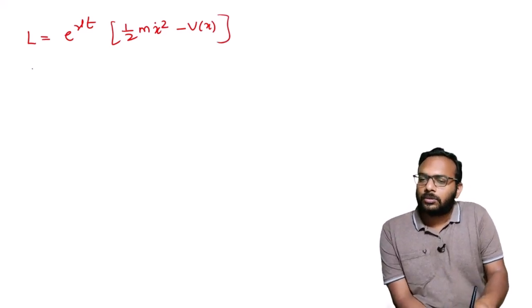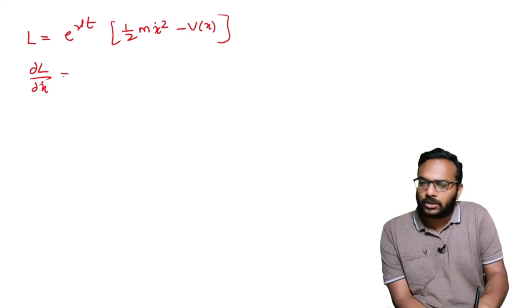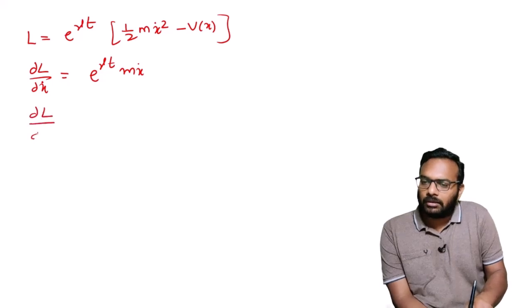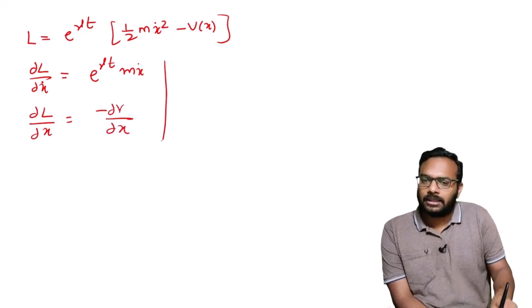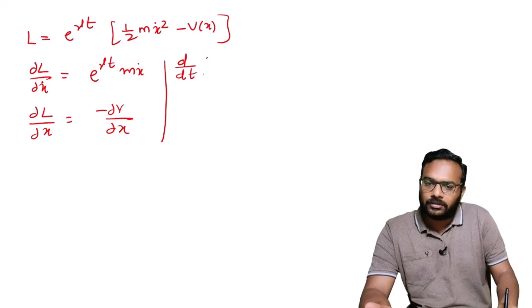Okay. So let's just completely do this. This is easy. Dou L by dou x dot is equal to e raised to gamma t m x dot. What's dou L by dou x? Dou L by dou x equal to minus dou V by dou x. The thing you have to be careful about is when you take the time derivative of dou L by dou x dot.